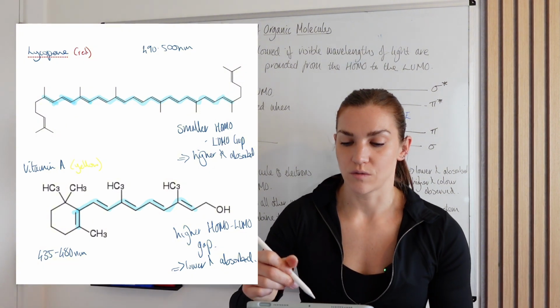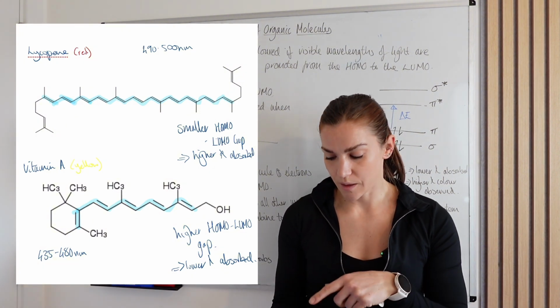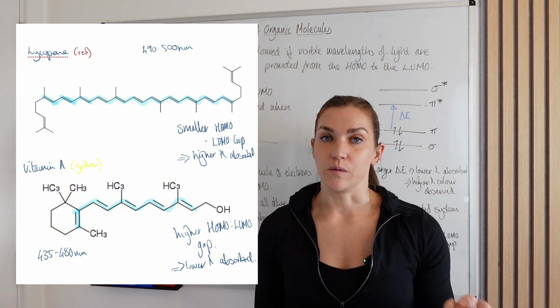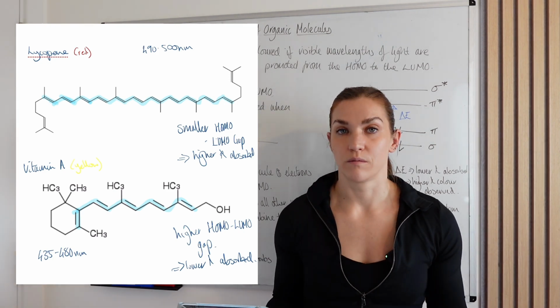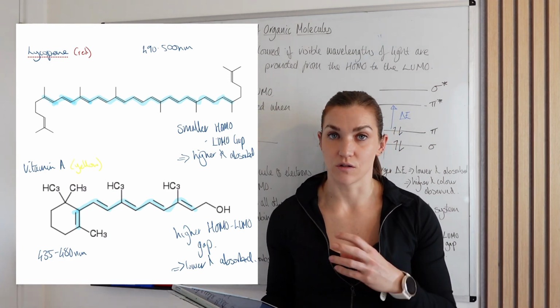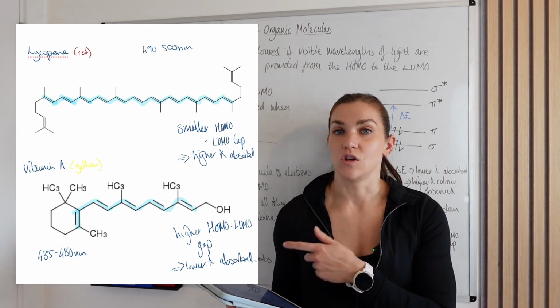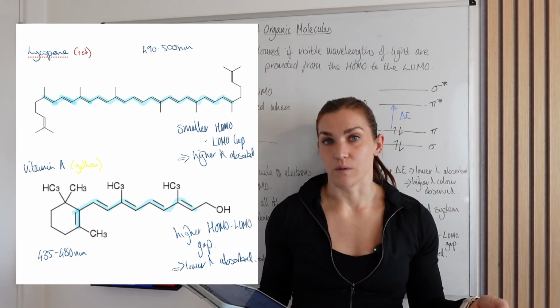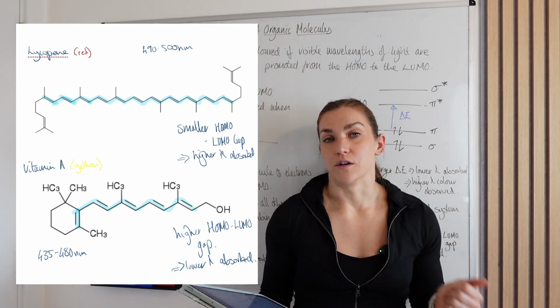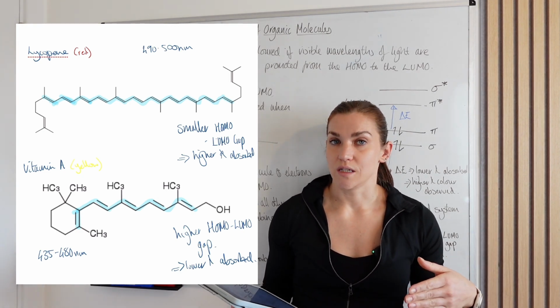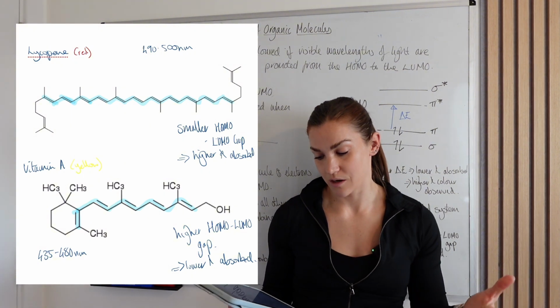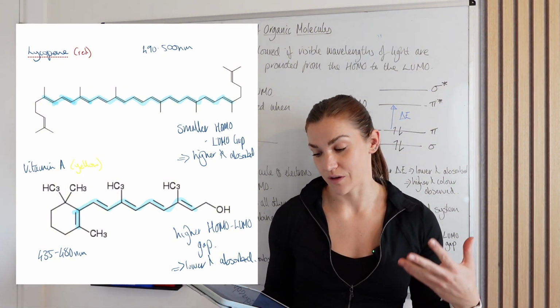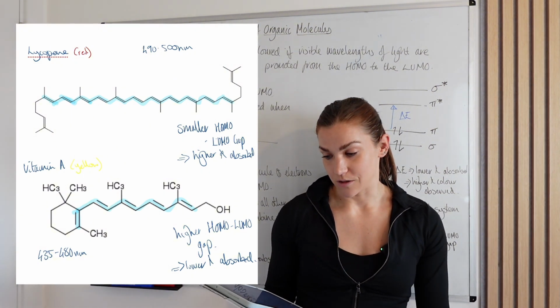If we then compare that to what we'd written already about which wavelengths of light would be absorbed, it fits what we hypothesized based on the length of the conjugated system. So as you can see, we'd already noted that the lycopene would be absorbing higher wavelengths of light, which it is compared to the vitamin A, because 490 to 500 nanometers is higher than 435 to 480 nanometers.